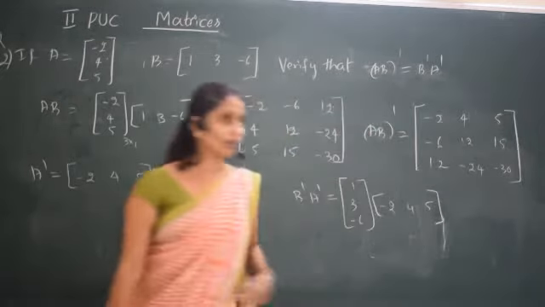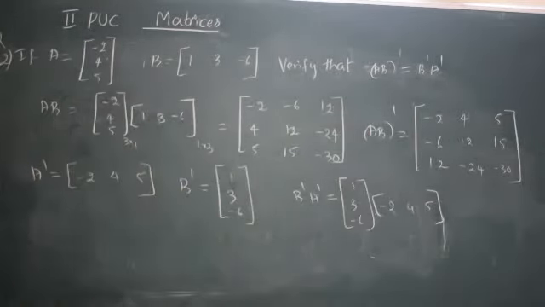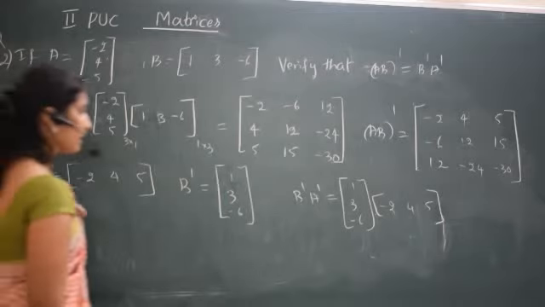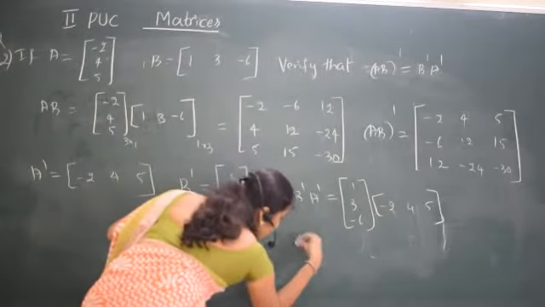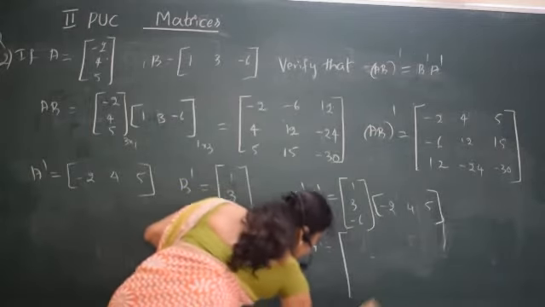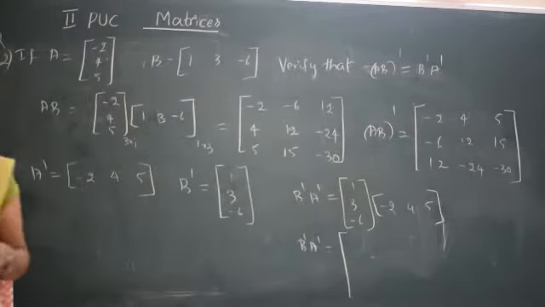The first matrix is of order 3 by 1, and the next is of order 1 by 3. So we can calculate the value of B transpose A transpose. We are getting a 3 by 3 matrix.